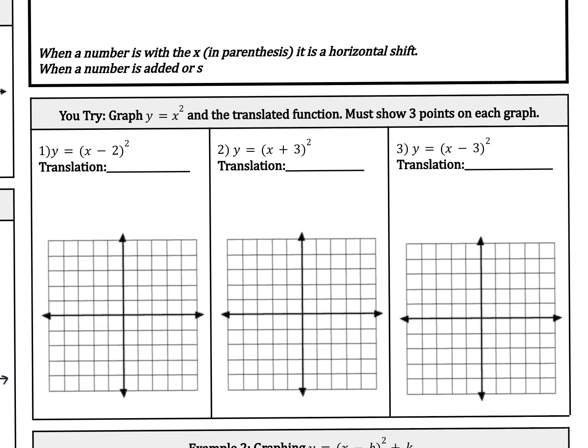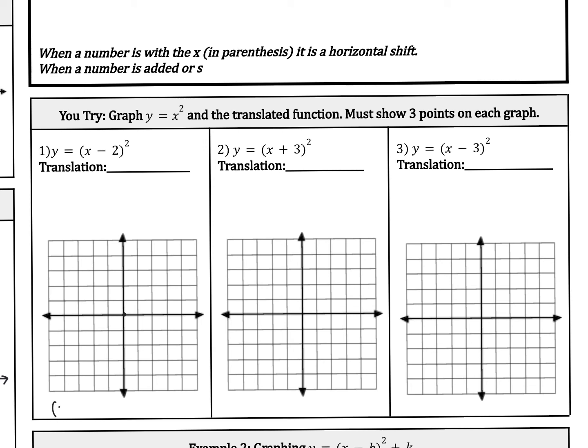Now I'm going to quickly discuss the Try-It problem, where we have a parent function y equals x squared. So I'm going to graph the parent function on all 3 graphs first. Making a parent function is not very difficult.